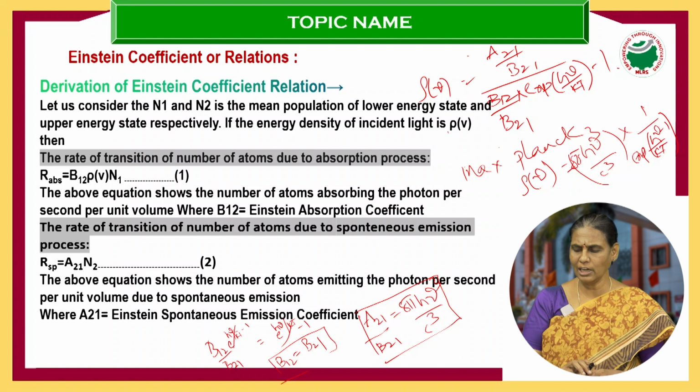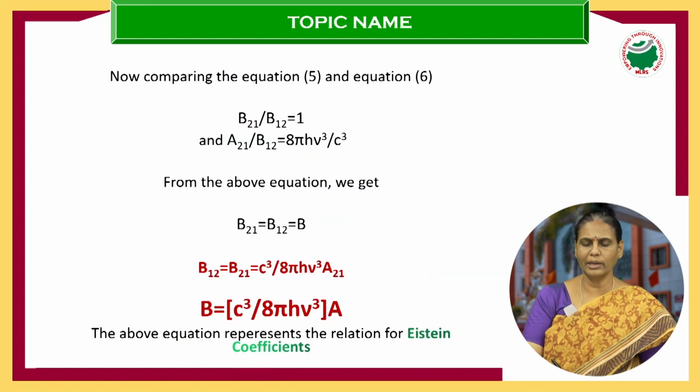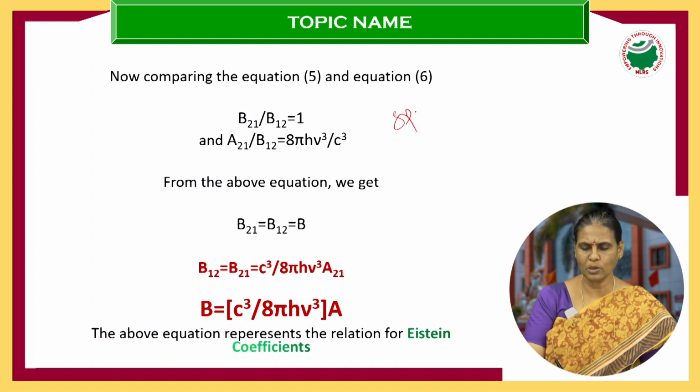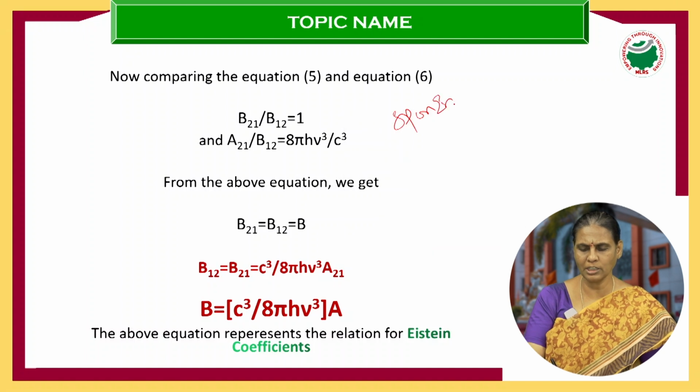Now as this is a relation we have got, you can write the ratio of the emission process and the absorption process: spontaneous emission by stimulated emission. Now what is spontaneous emission?